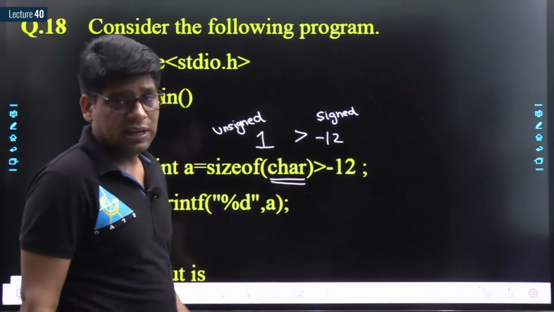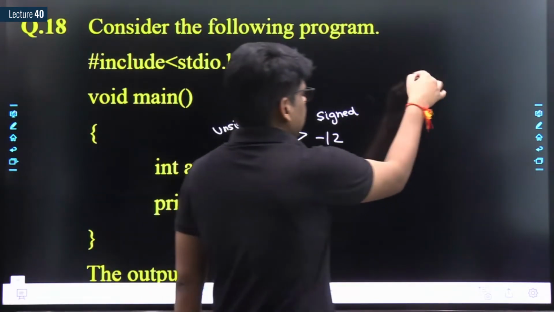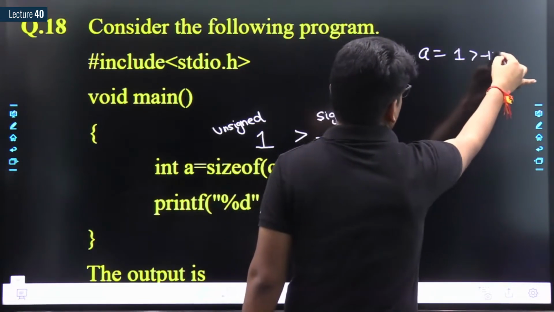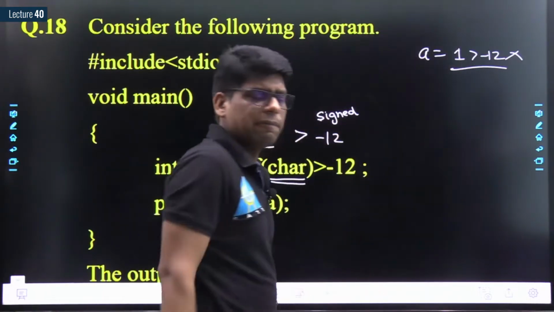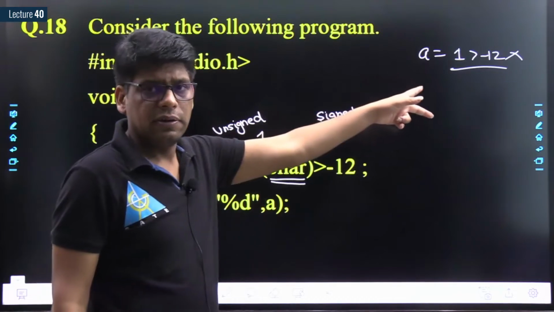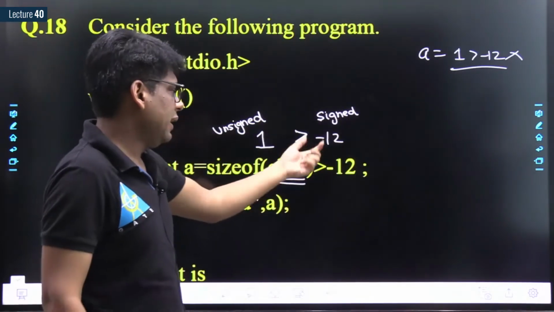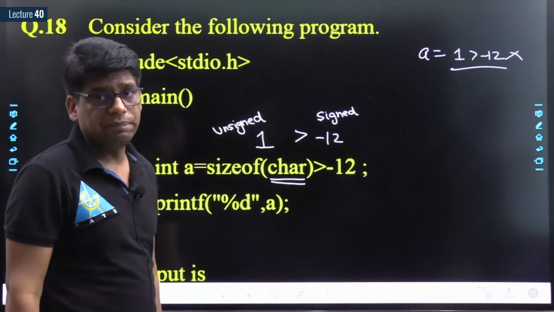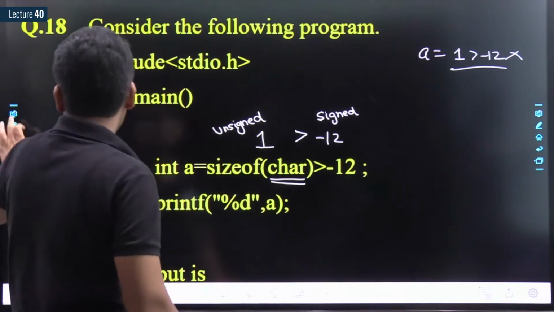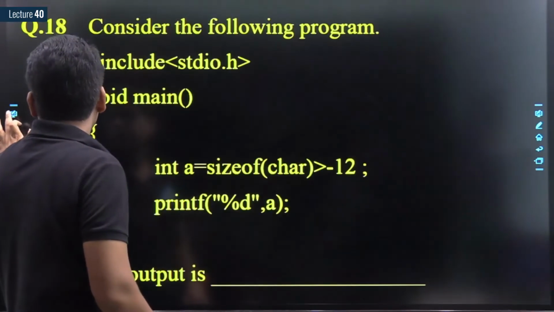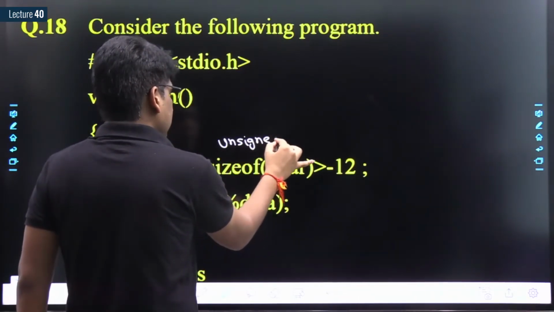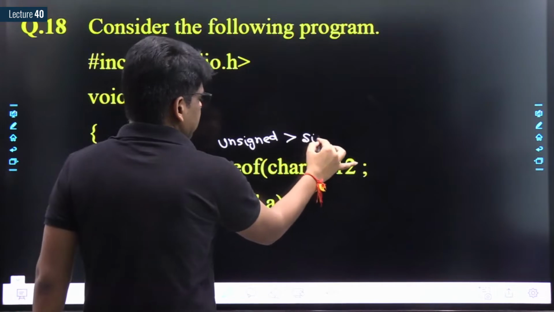I am not talking about something like A is equal to 1 greater than -12. In this case everything is okay, because both are constants. Here 1 is a constant, but in our case 1 is the value returned by some function. That means the return type is unsigned, and we are comparing unsigned with a signed number.